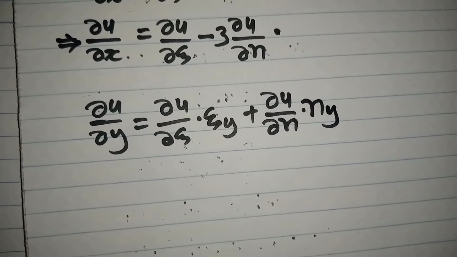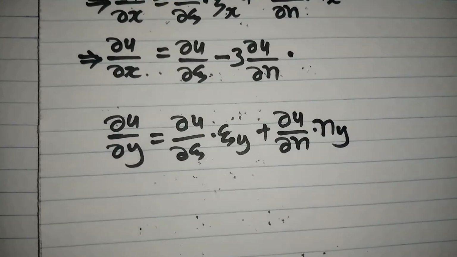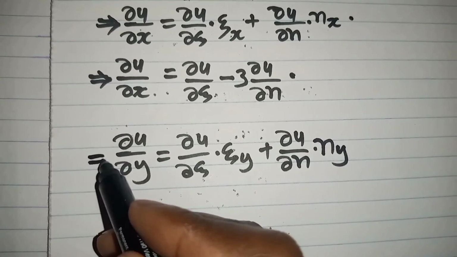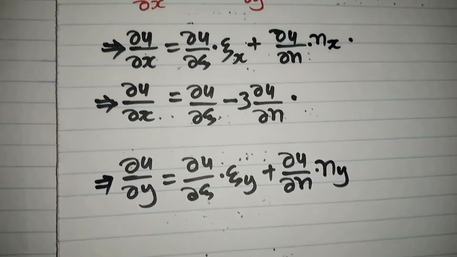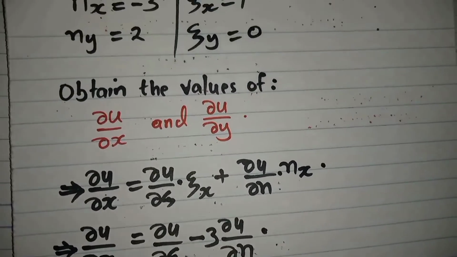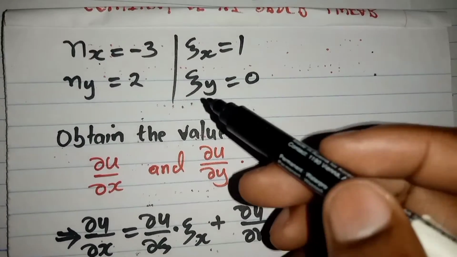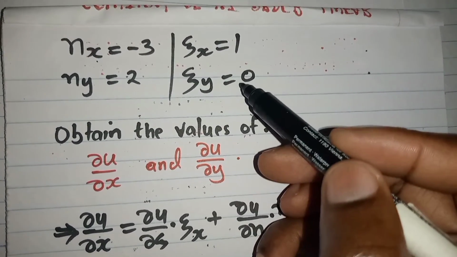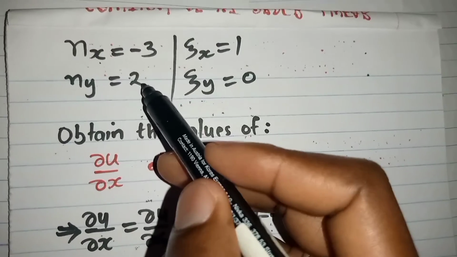But remember, we have obtained the value of xi y, which is 0, and the value of nu y, which is 2.